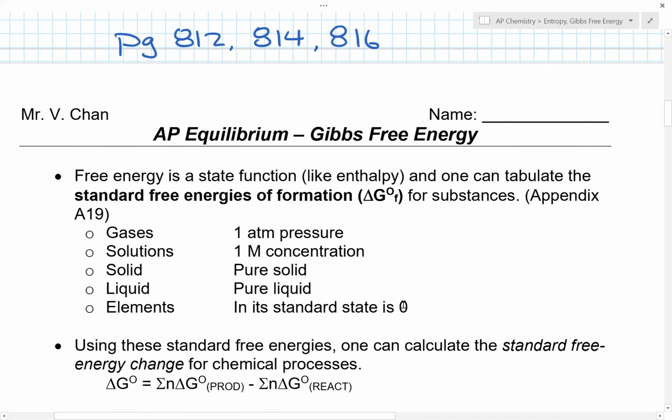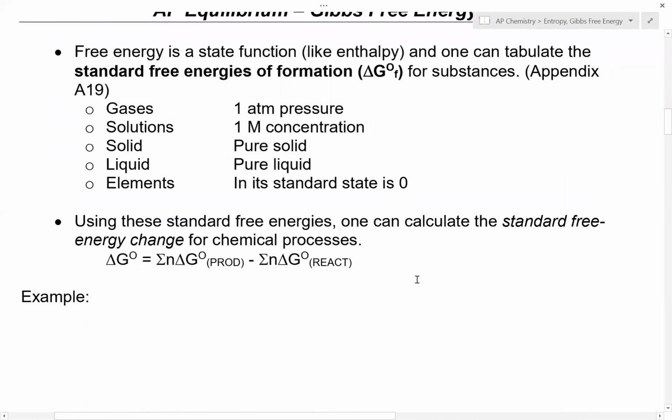Why is it 0? Because when you have an element in its standard state, it's basically the most stable and there is no energy required for it to form. Now, using these standard free energies, one can calculate the standard free energy for chemical processes.